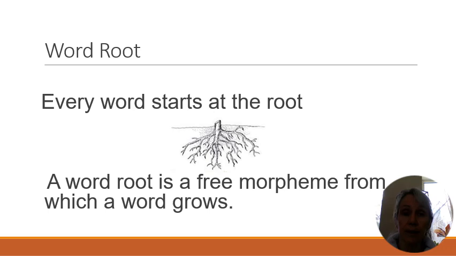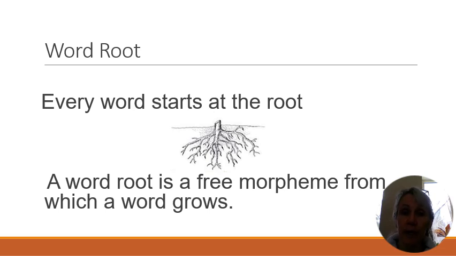Words can be broken down into their parts when we're searching for the meaning, or the morphemes, in the word. The basic meaning of a word comes from the word root. Every word will start with a root, just like a plant or a tree will start with its roots.